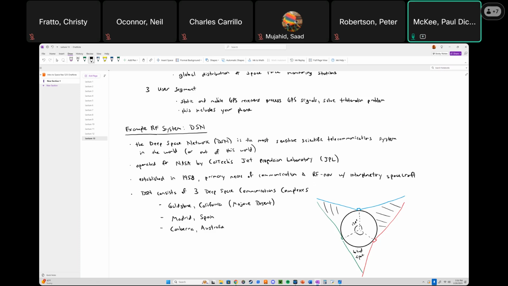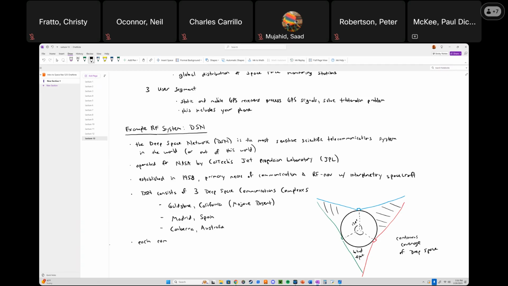But once you get out beyond those blind spots, you basically have full uninterrupted coverage of space. So there's continuous coverage of deep space. So wherever Mars is, it's not in one of these blind spots.